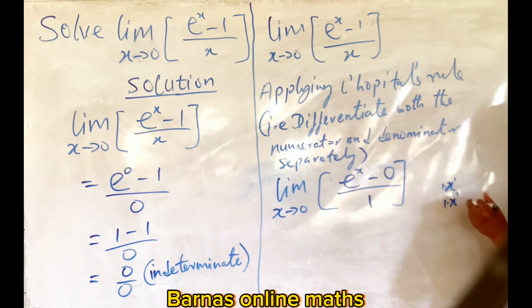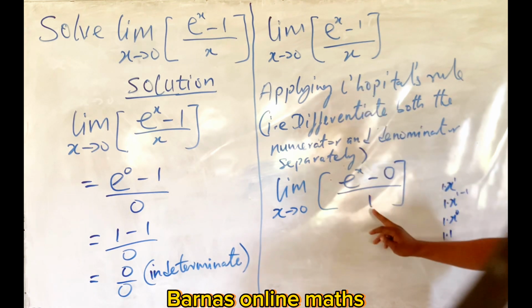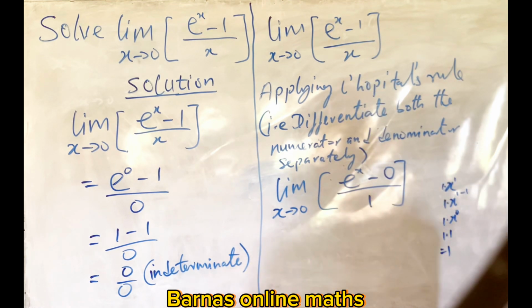Then subtract 1 from the power, 1 minus 1. So that becomes 1 times x to the power 1 minus 1, which gives us 0. Therefore, 1 times x to the power 0, as we all know, will be equal to 1. Therefore, 1 times 1 will give us 1. So that is why the derivative of x gives us 1.